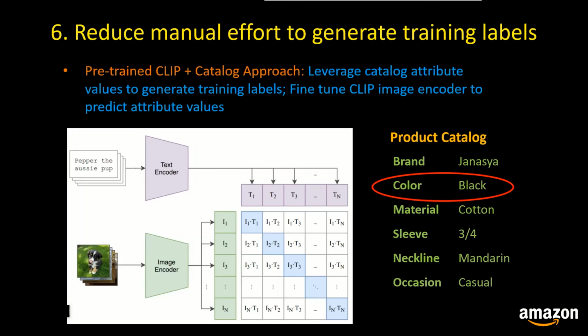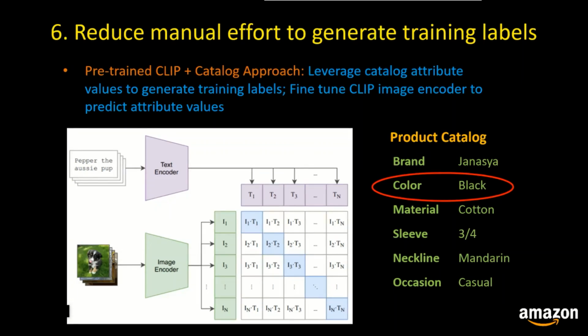Similarly, other attributes may have been entered by sellers. So we can leverage these attribute values to generate training labels, and then use these training labels to fine-tune the CLIP image encoder to predict these attribute values.